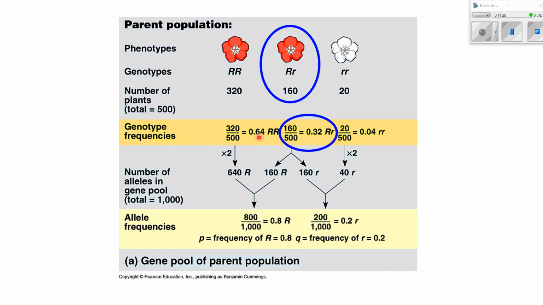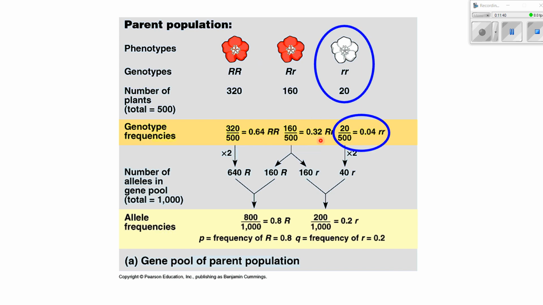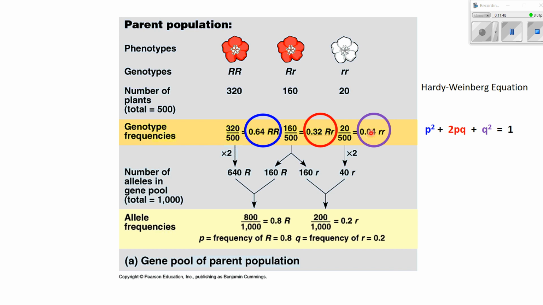I can calculate the frequency of heterozygous individuals, which would be, in this case, 160 divided by 500, which is 0.32. And I could also calculate the frequency of homozygous recessive: 20 plants divided by 500 is a very small frequency, 0.04. If you add those 3 numbers together, notice 0.64 plus 0.32 plus 0.04, it adds up to 1.